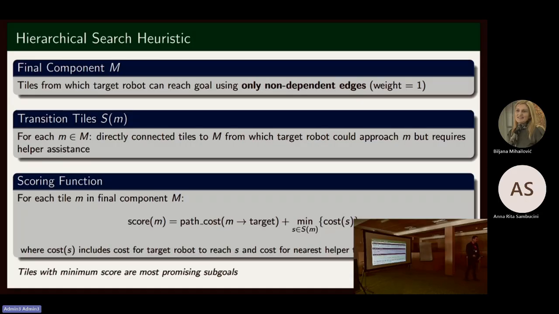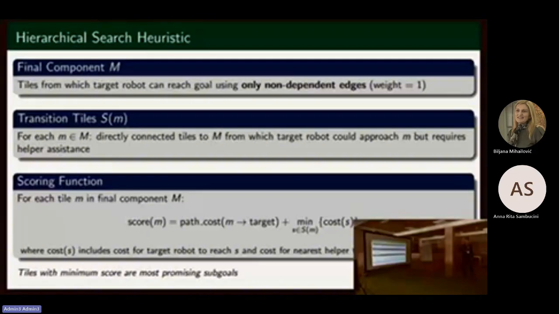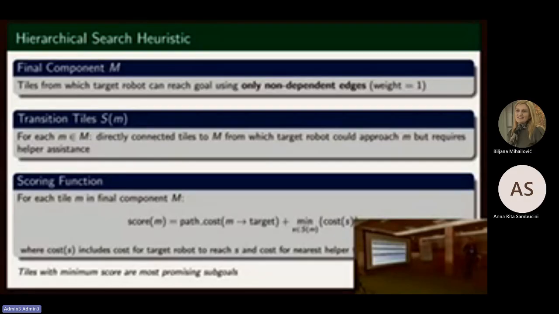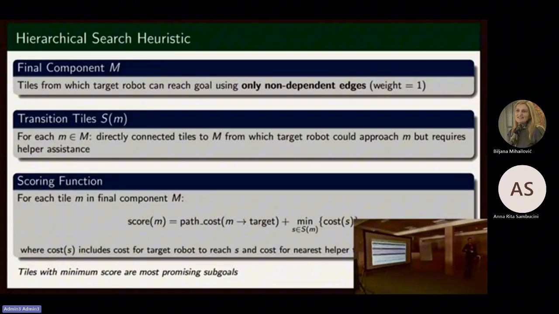First, we look in the game board for tiles we call final components: once the robot is in one of these tiles, it can reach the target tile without any help. Then we have transition tiles. These are tiles directly adjacent to the final components, and there you need help from another robot to act as a stopper for the target robot.